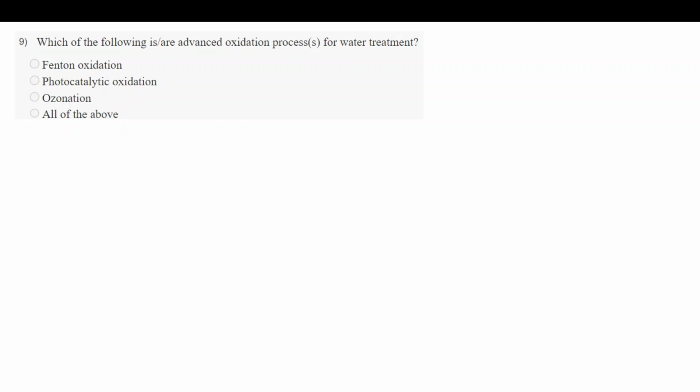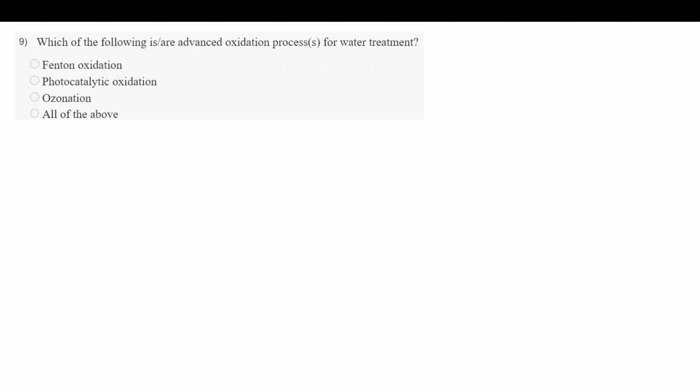Which of the following is an example of an advanced oxidation process for water treatment? Let's look into the options, which are Fenton oxidation, photocatalytic oxidation, and ozonation. Advanced oxidation processes are the ones used to generate OH radicals in various forms, and that is used for the oxidation of organics.